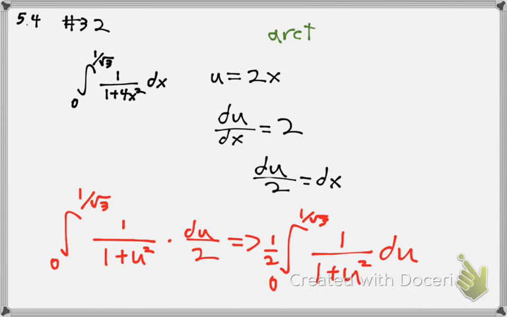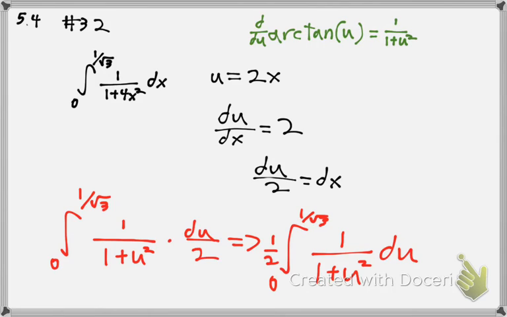Arctan of a variable, let's have u in this case, d over du, the derivative of this, is equal to 1 over 1 plus u squared.